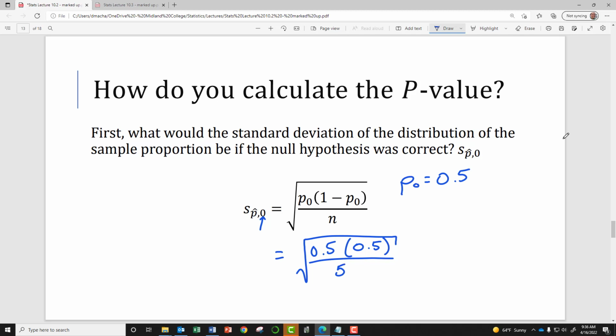In my example, I surveyed 50 people, so my sample size would be 50. So what's the square root of 0.25 divided by 50? Let me pull up a calculator really quick.